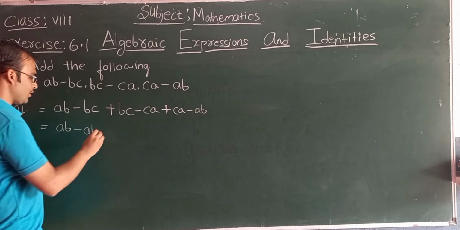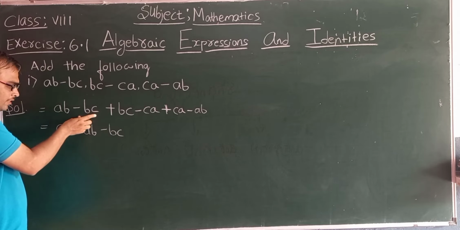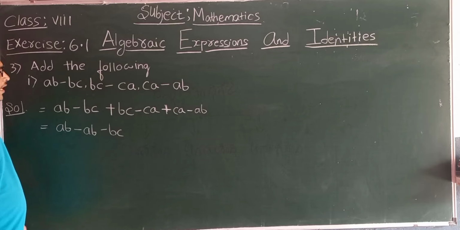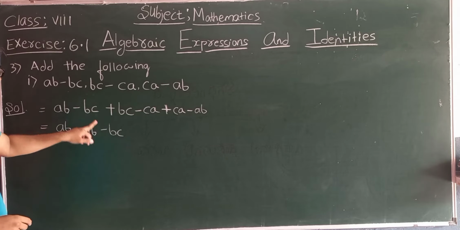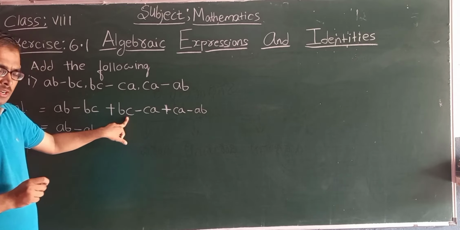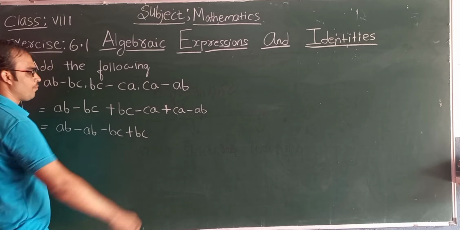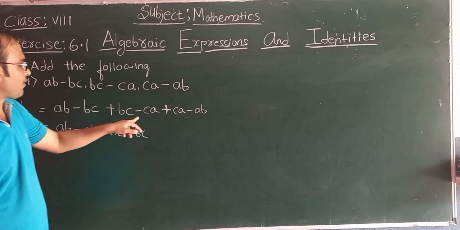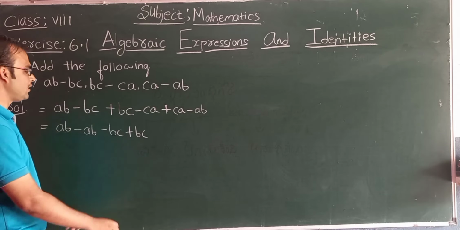Now take this one, students, minus BC. Now what have we written? We have written minus BC. Now what are the like terms with respect to BC? Here minus BC is there, and where is the next BC? Here also BC is there, so write this one, BC. Check whether there is any other BC or not. No, there is no other BC.